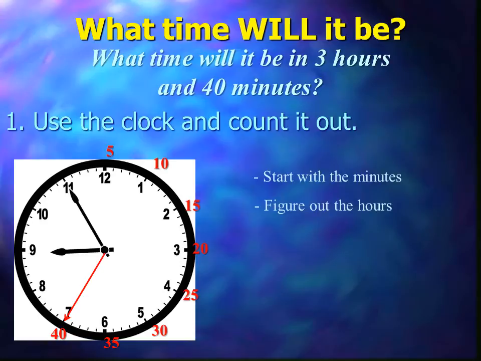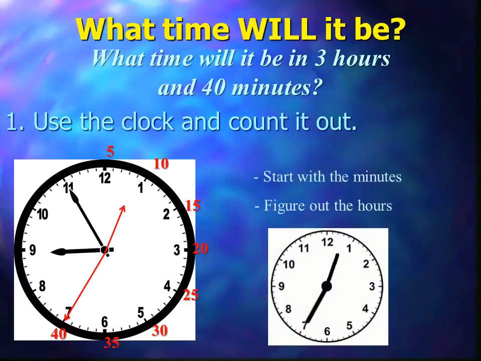Then we need to figure out the hours. So the clock is almost 9 o'clock. So if we count the hours out, we end up being somewhere between 12 and 1. And in fact, the time is 12:35.